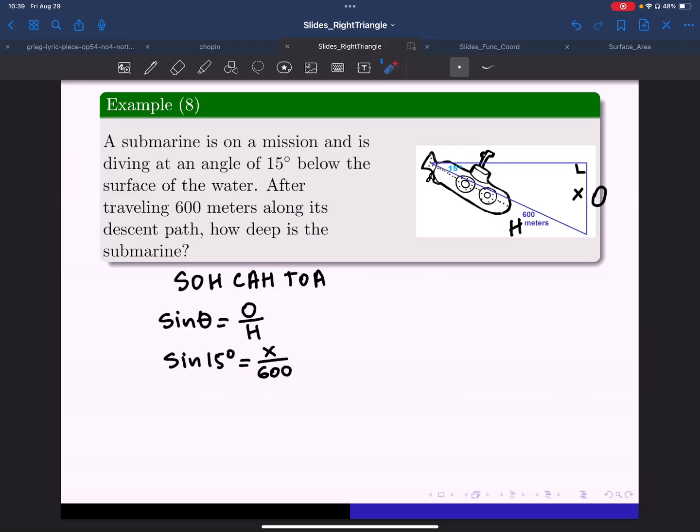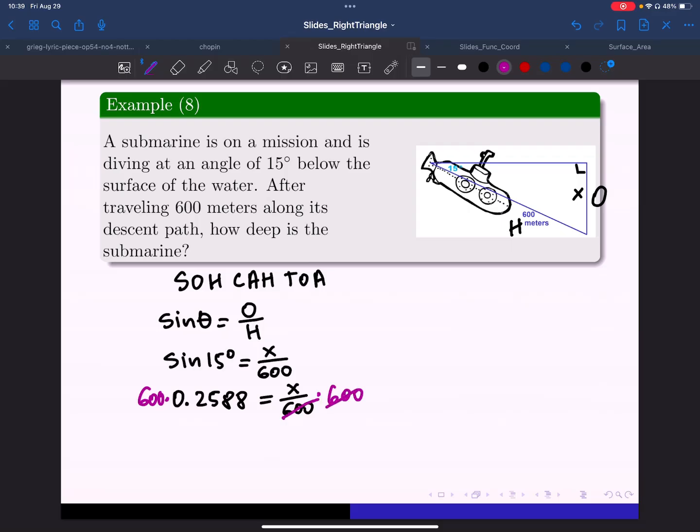Now we can type this on the calculator. So sine 15 degrees is 0.2588, which is equal to x over 600. So then we can multiply times 600.